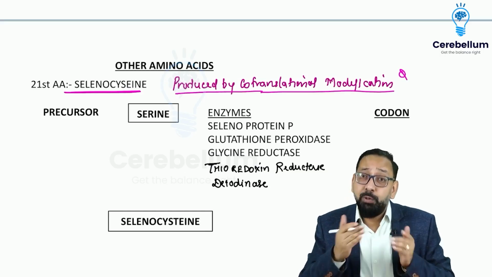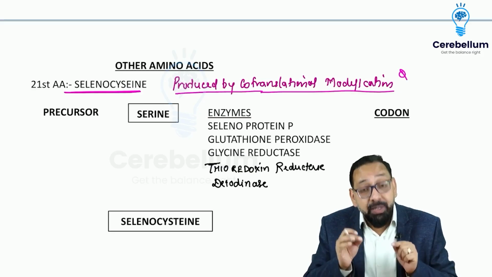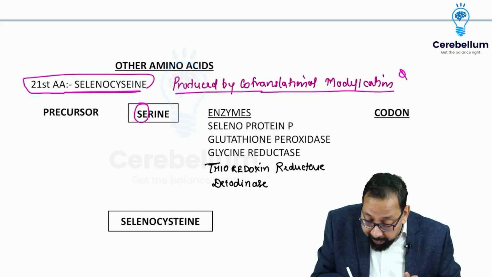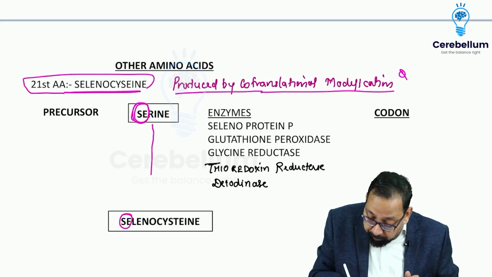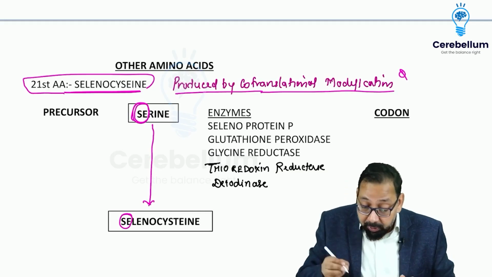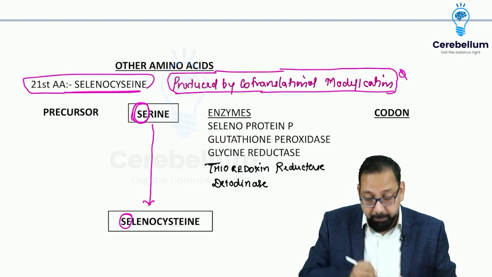And how is it produced? From which amino acid? The precursor for selenocysteine is serine. How will you remember? Se for serine, Se for selenocysteine. So serine is converted to selenocysteine by co-translational modification.